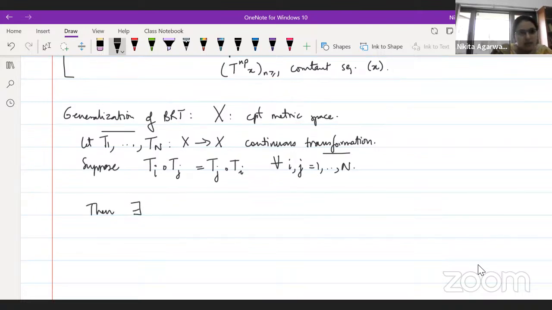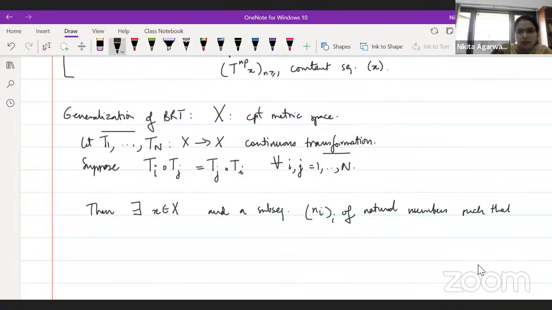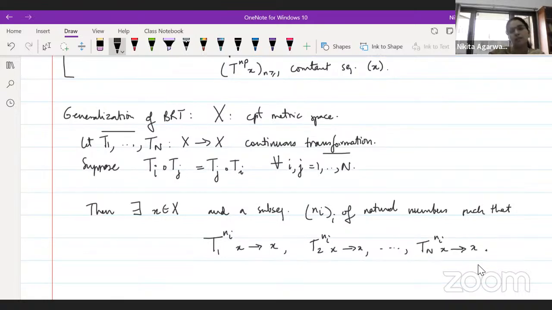Then there exists x in X and a subsequence n_i of natural numbers such that T1 n_i x converges to x, T2 n_i x converges to x, and so on up till Tn n_i x converges to x. Now, this is much stronger than what we earlier said, right?